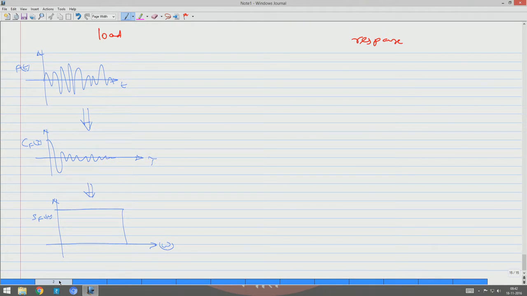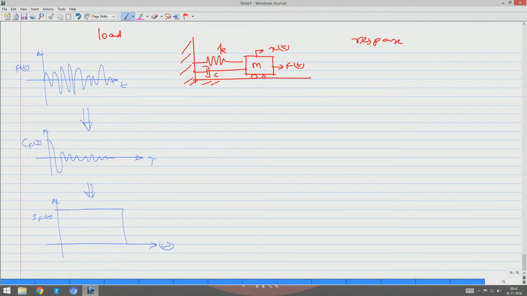Now, I apply this to a system. Let us say the system is a single degree spring mass system that has some stiffness and some mass, with x of t as a response, and f of t is applied to the system here.